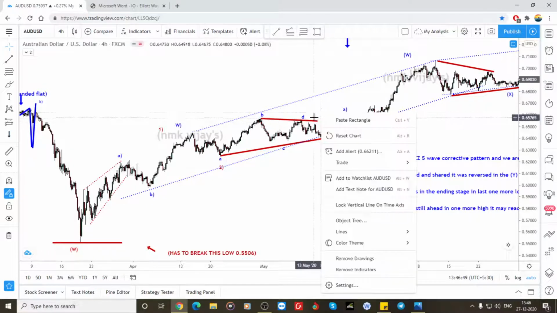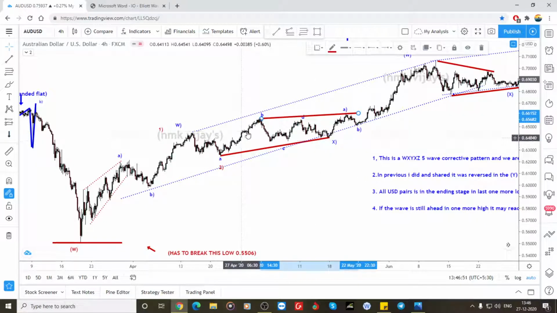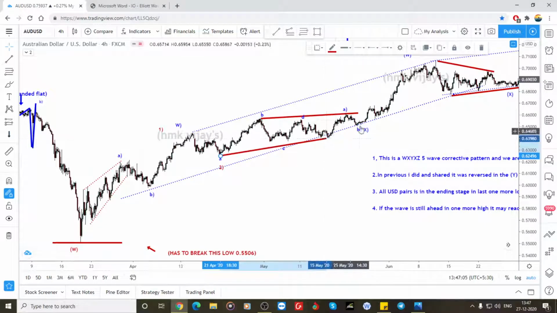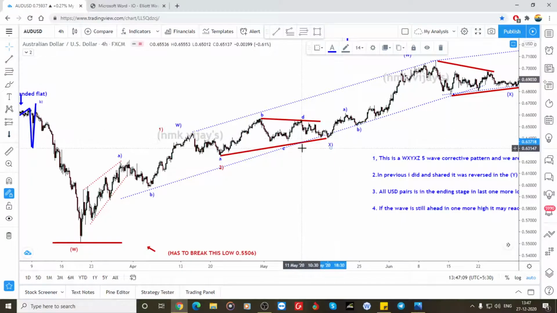So if we mark this as B, C, D, E, that is not a triangle. If we change it here, it is not allowed and that is invalid. It has to fall below this W. So that is invalid. So this is the end of the X wave.